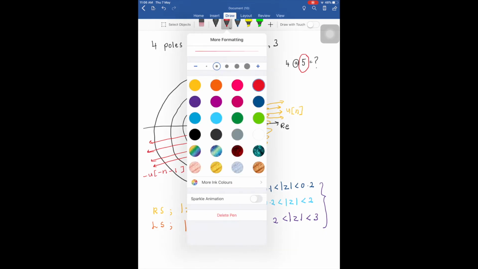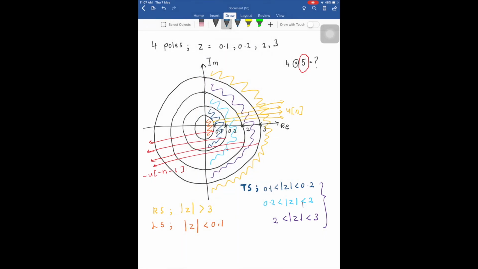So what happens if you have two-sided here? We have three two-sided, right? It's different. Let's look at the two-sided in between 0.1 and 0.2. Again, the innermost pole will approach to right.